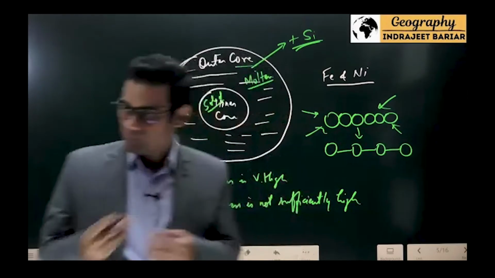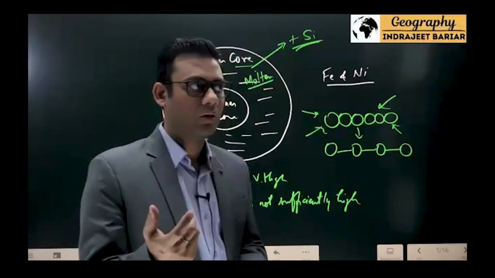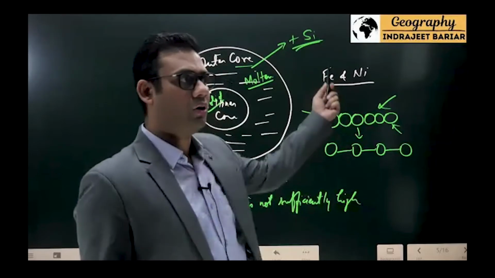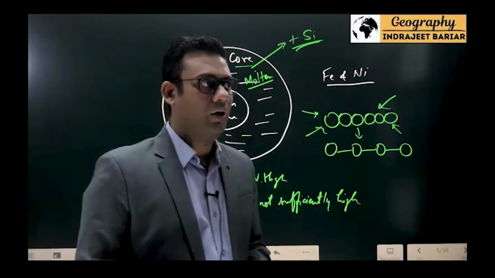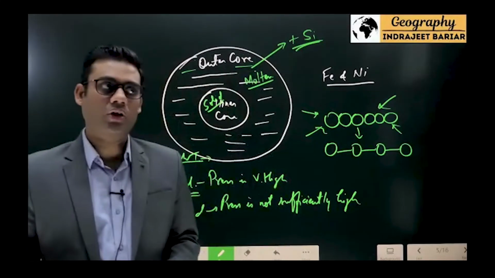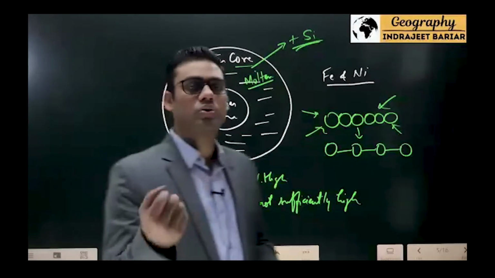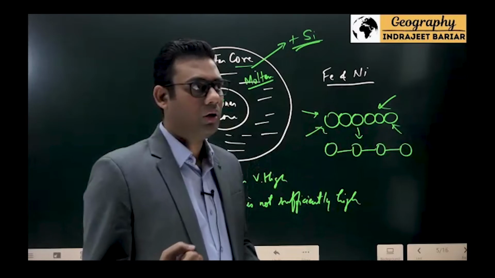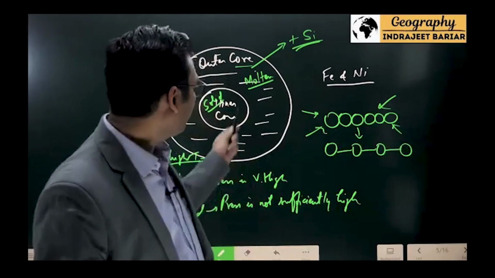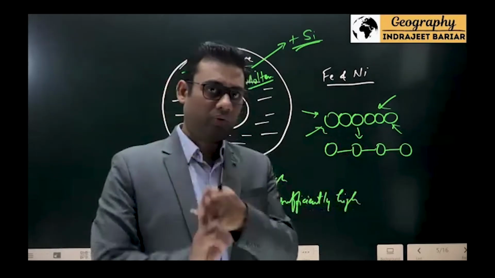When silicon is present, it overall decreases the melting point. That's why I call it silicon impurity. The presence of silicon impurities reduces the overall melting point, and that's where we find it in molten form. So two reasons why the outer core is in molten form.